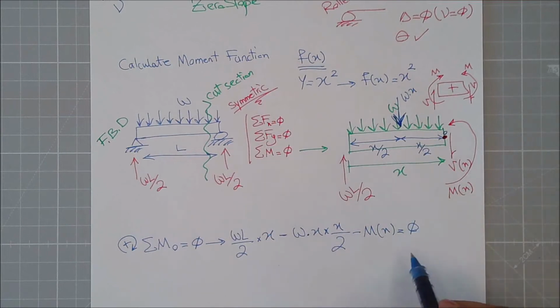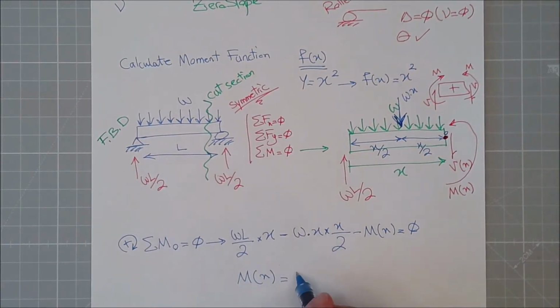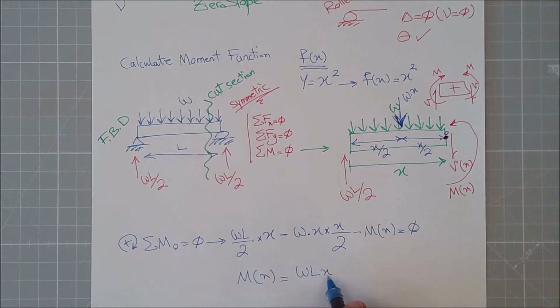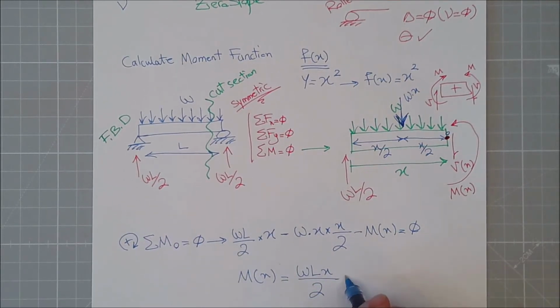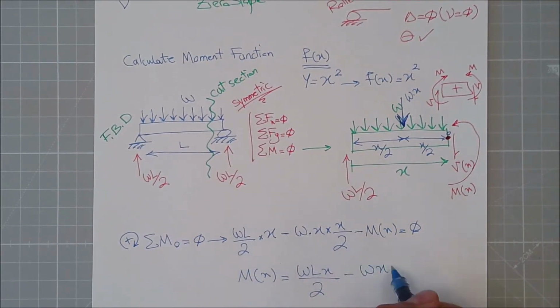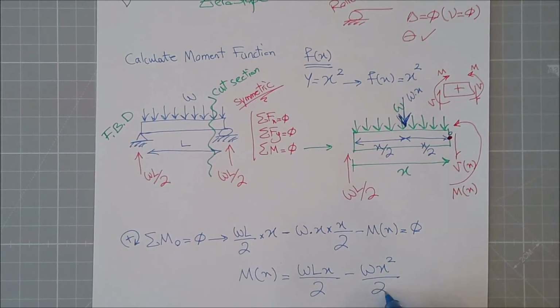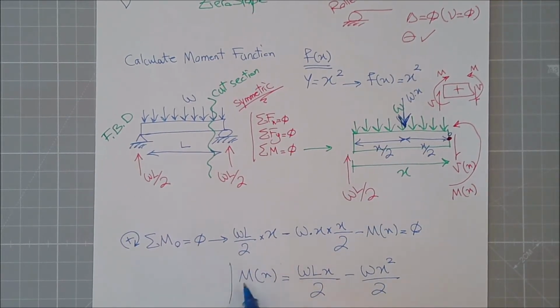I can simplify this and bring M to the other side. So the moment function can end up something similar to this, which I'm sure you all can get to: M equals WLx divided by 2 minus Wx to the power of 2 divided by 2. This is the moment function.